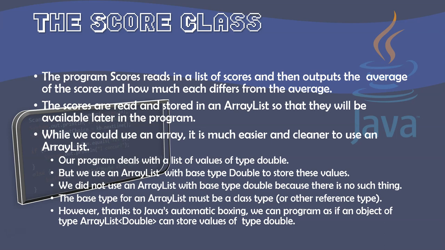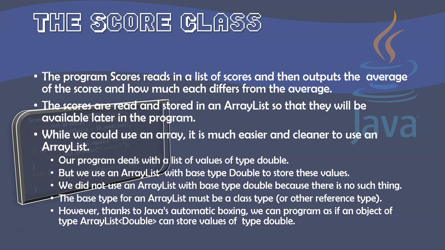First of all, when we think about how this program works, we're probably going to have a list of values of type double. So you might think, okay, that's double, that would be an array. Well, actually, we can do this with an array list because we can have the base type Double, which is one of our wrapper classes, to store those values for us. We did not use an array list with the base type double as in the primitive type.